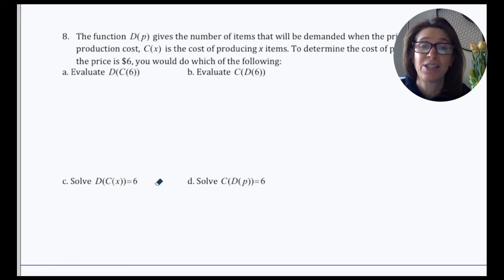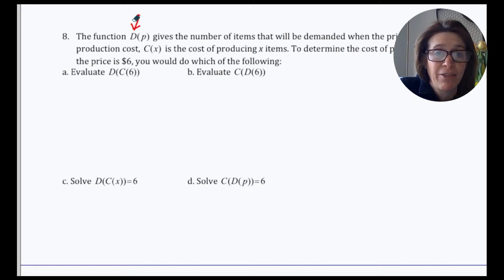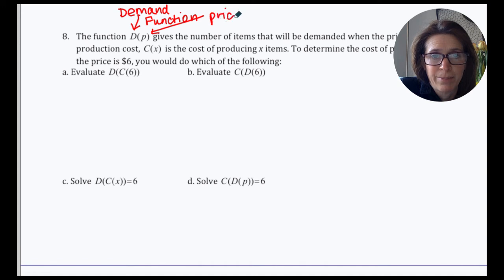So let's look at this first word problem, okay? So we're on page 18 now. The function d of p gives the number of items that will be demanded when the price is p. So this is the demand function. At a price of p, okay? The production cost, so C of x, is the cost of producing x items.